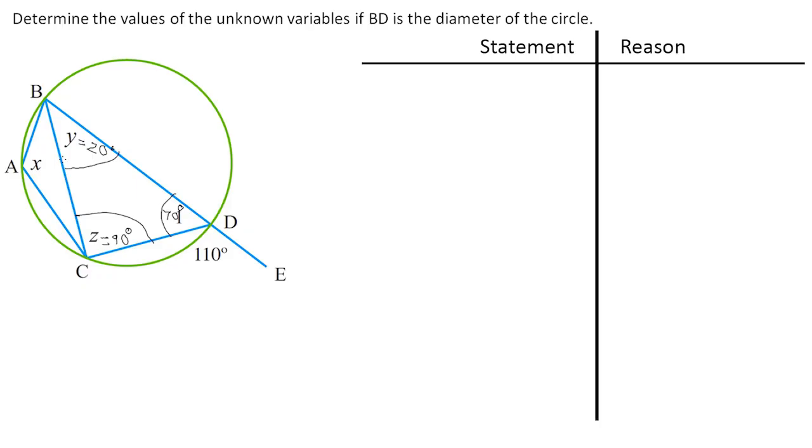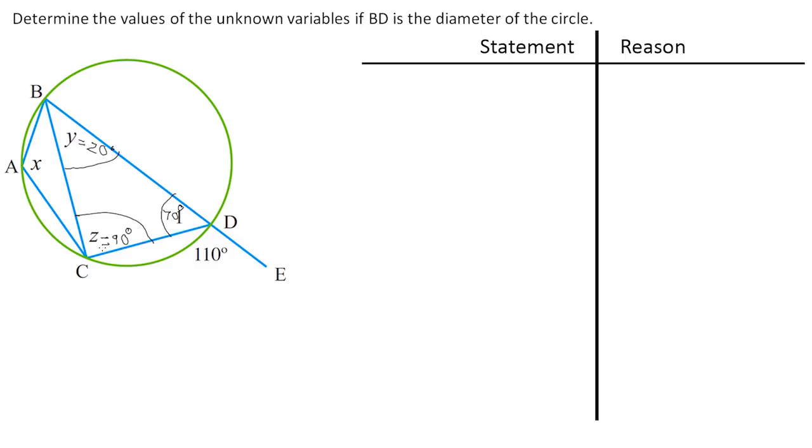Then, when I look here, I see B, circumference, concyclic point; A, circumference, concyclic point; C, circumference; D, circumference; and B. You will agree with me, based on that, BACD is a cyclic quad. And this 110 degrees is the exterior angle of that cyclic quad.